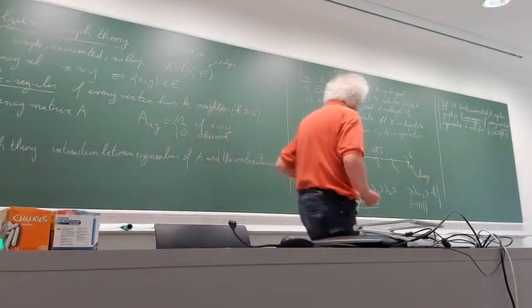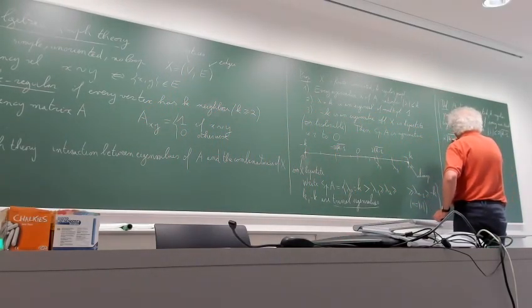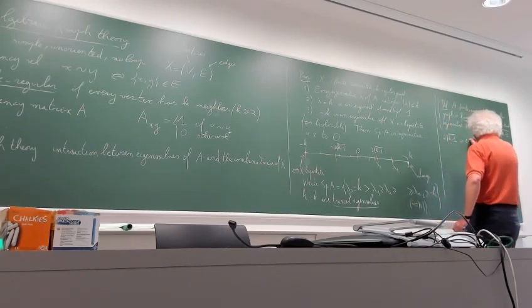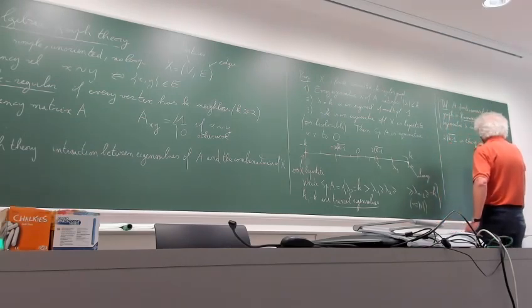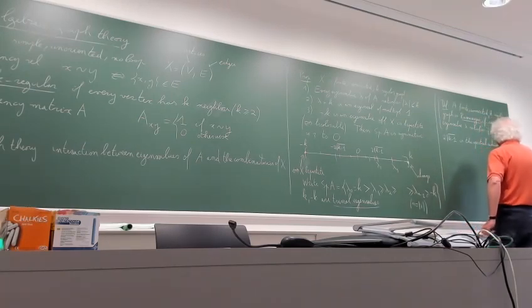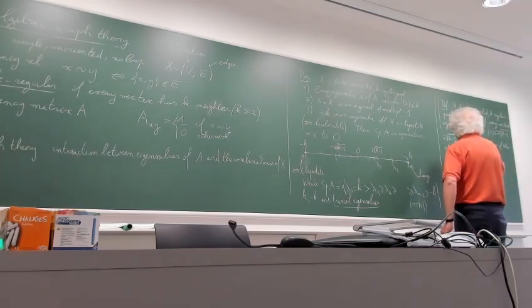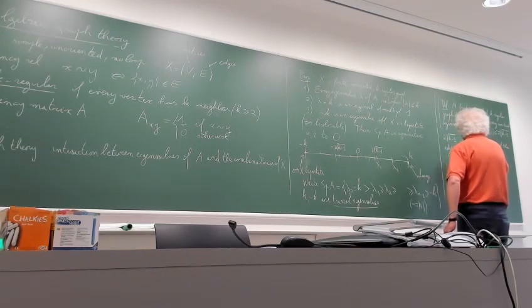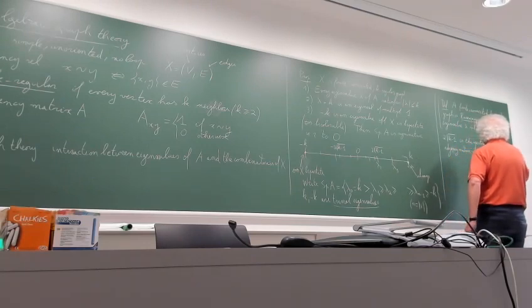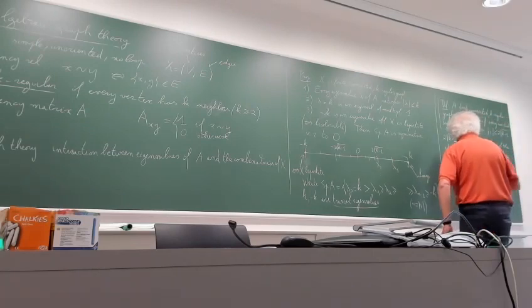So, by the way, what is 2 root of k minus 1? It's the spectral radius of the adjacency matrix of the k-regular tree T_k.